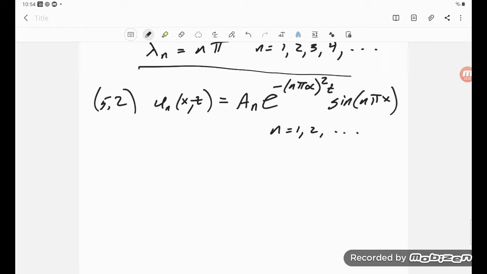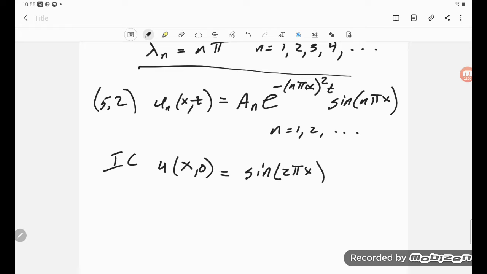So for instance, suppose your initial condition was simply that u of x, 0 was equal to sine of 2 pi x.